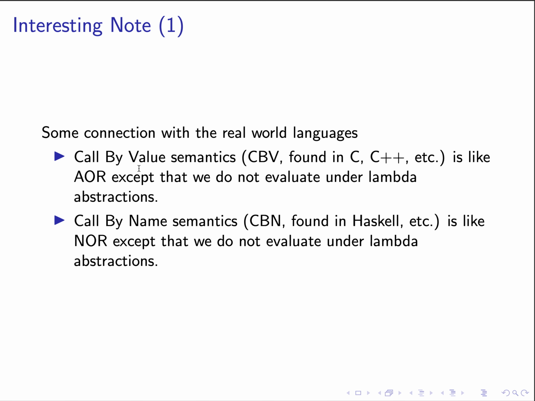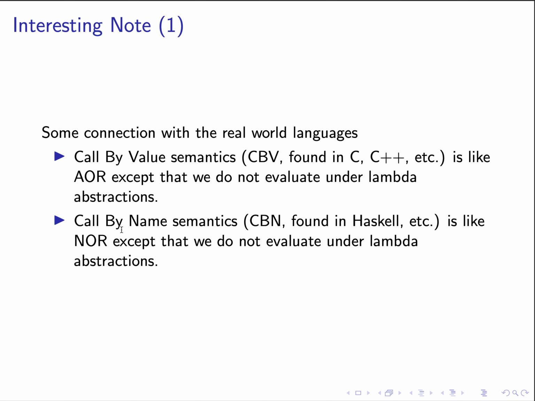That is call by value semantics, very similar to applicative order reduction. On the other hand, normal order reduction is similar to call by name semantics, which can be found in languages such as Haskell. Haskell has lazy semantics because it is call by name. You can see why it is lazy by following the normal order reduction.